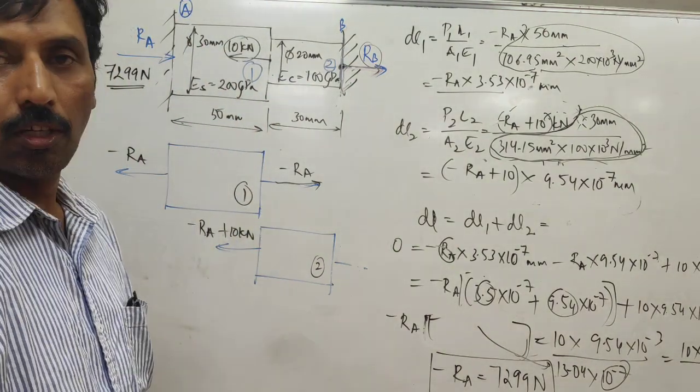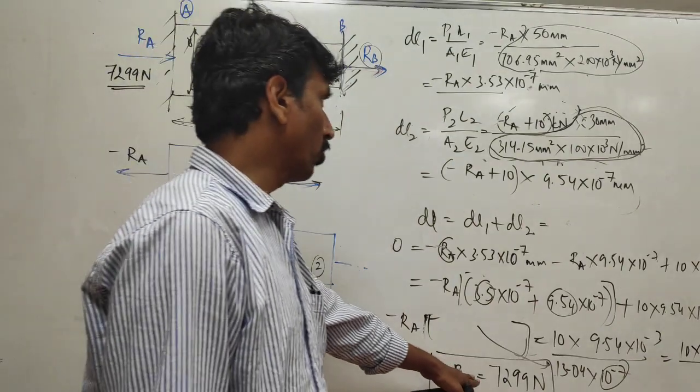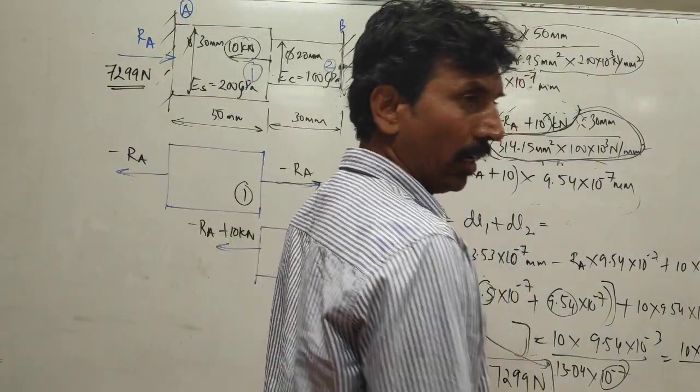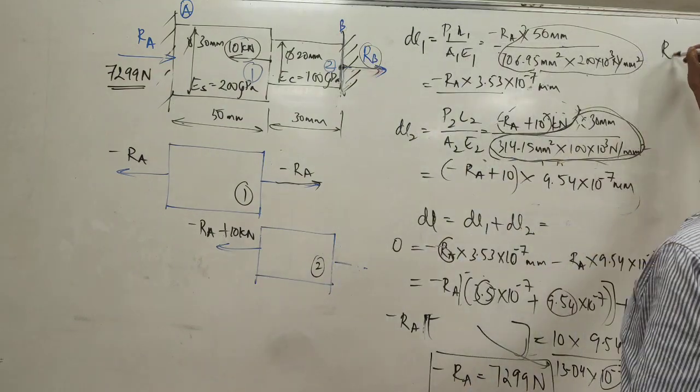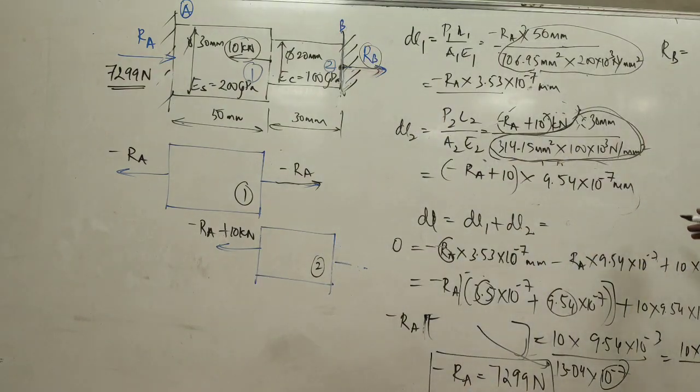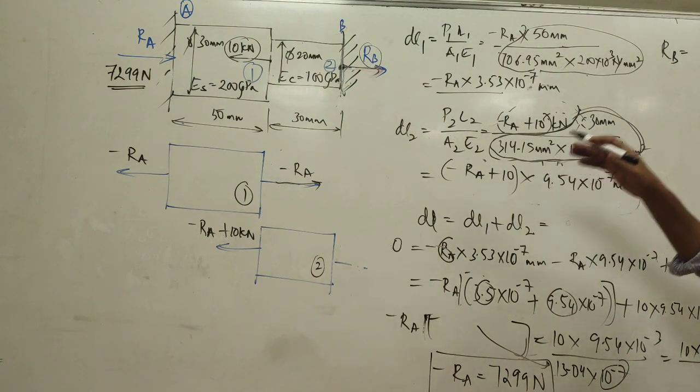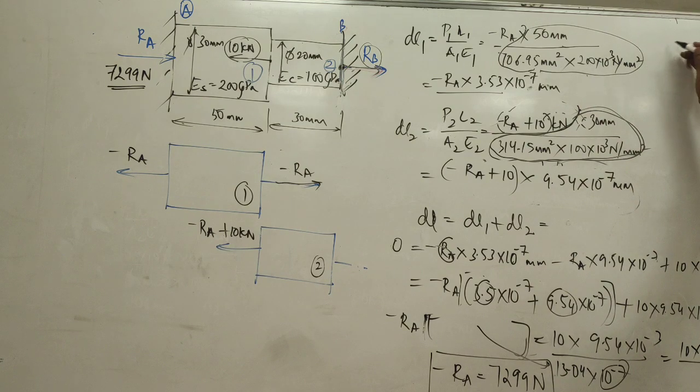7299. Okay guys, once you have got this, definitely you can get this RB, which is actually the remaining part. So you know that RA plus RB is equal to 10 kilonewton.